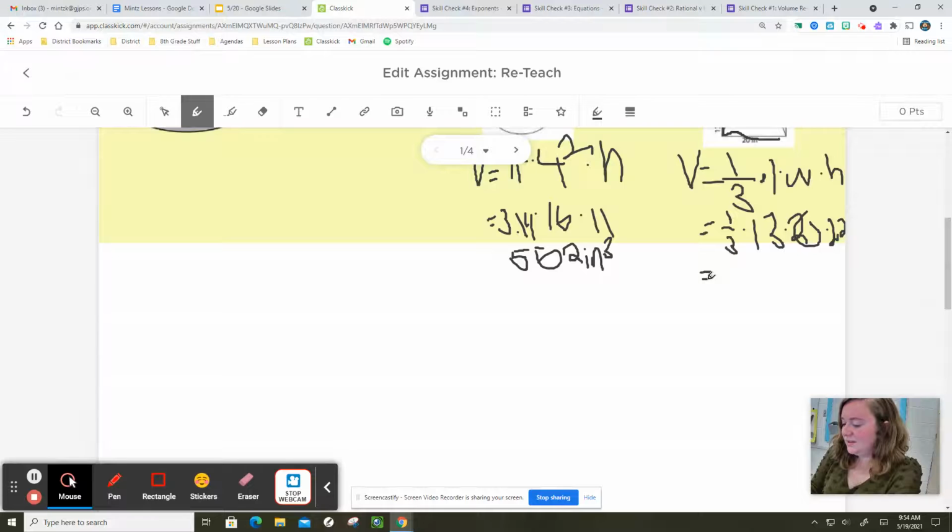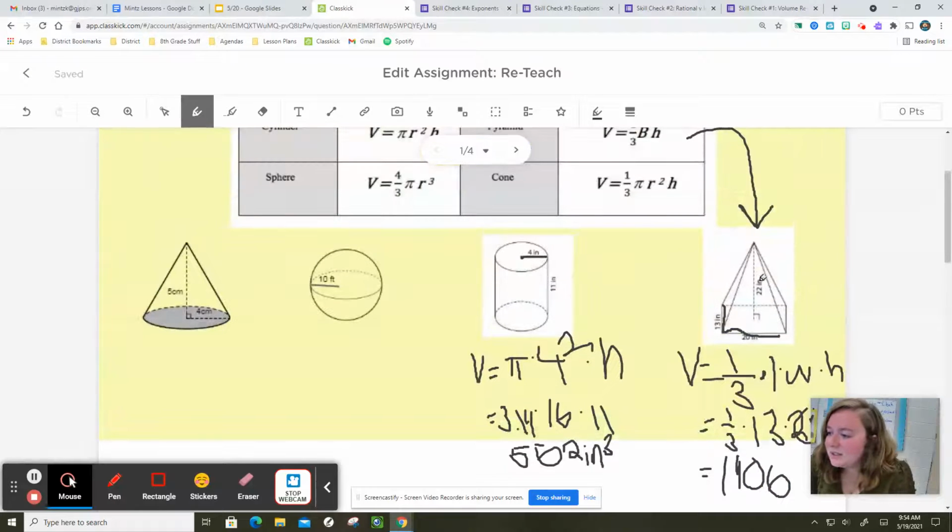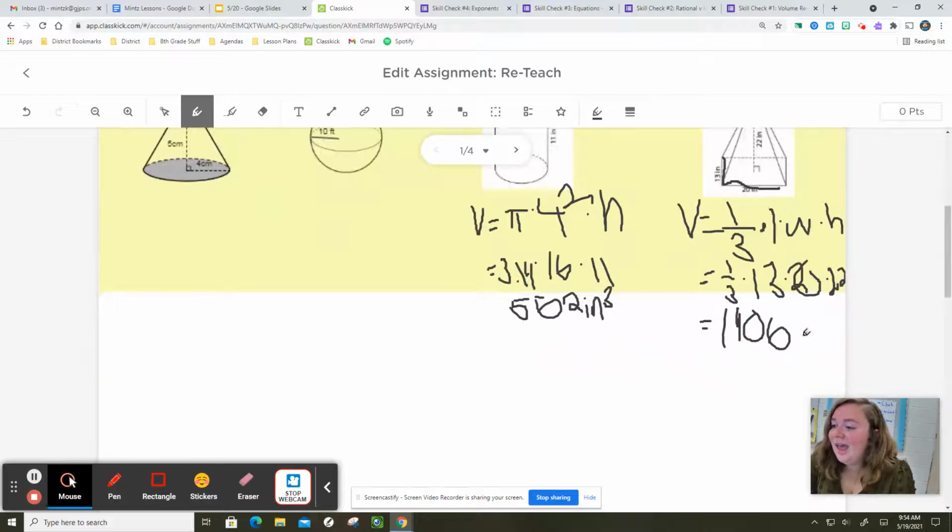I'm going to do parentheses 1 divided by 3, close parentheses, times 13 times 20 times 22, and I will get an answer of 1,906. Now back up to my units. My units are in inches again, and we're doing volume again, so it's inches cubed.